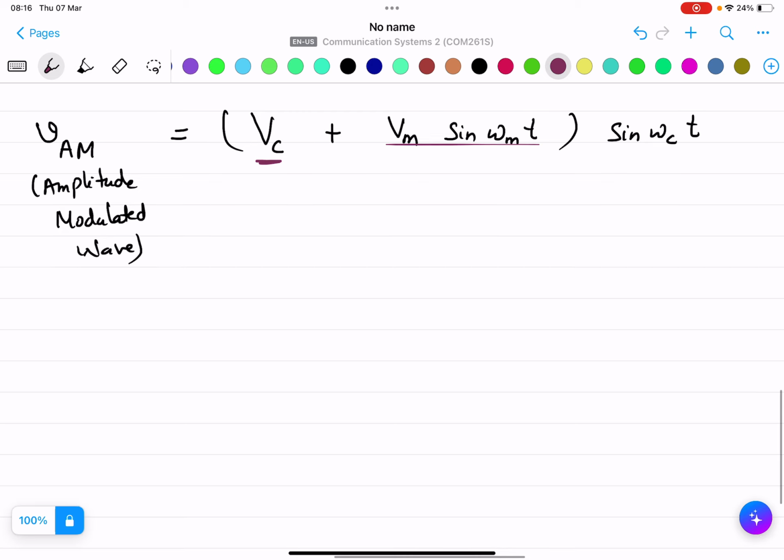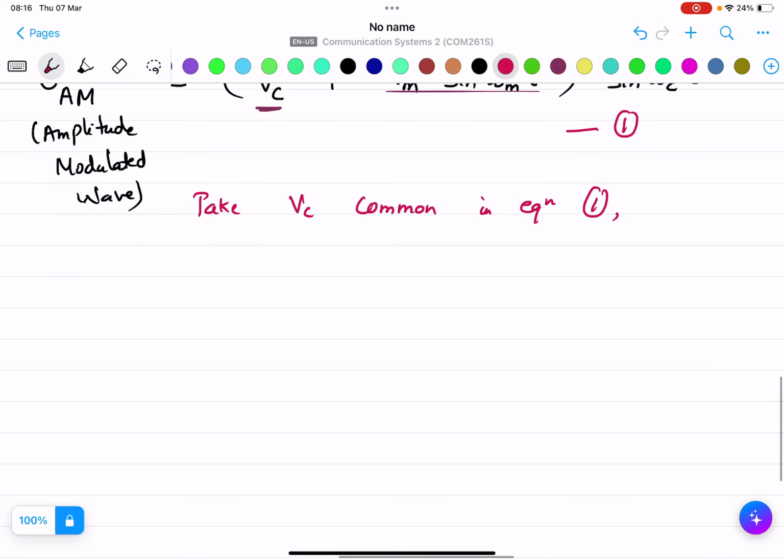Now we will simplify it. Let us say this is equation 1. We will take Vc common in equation 1. So we can write Vam equals Vc common here.